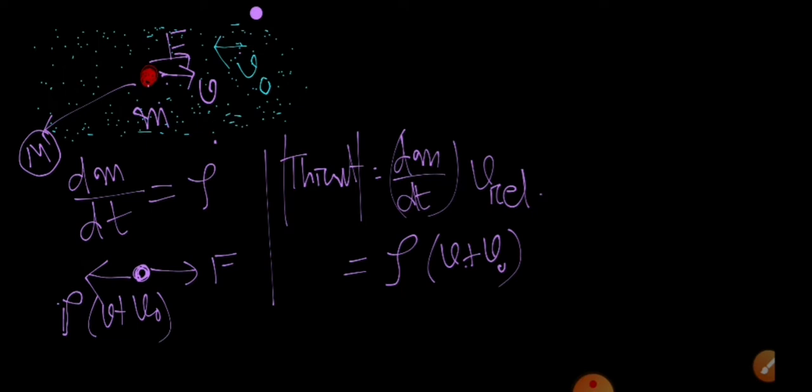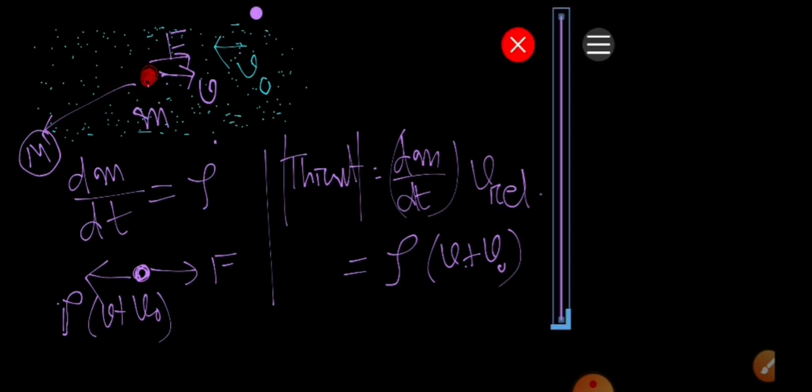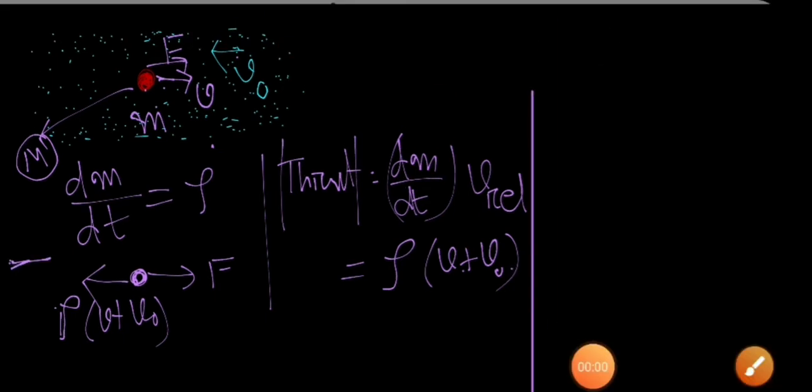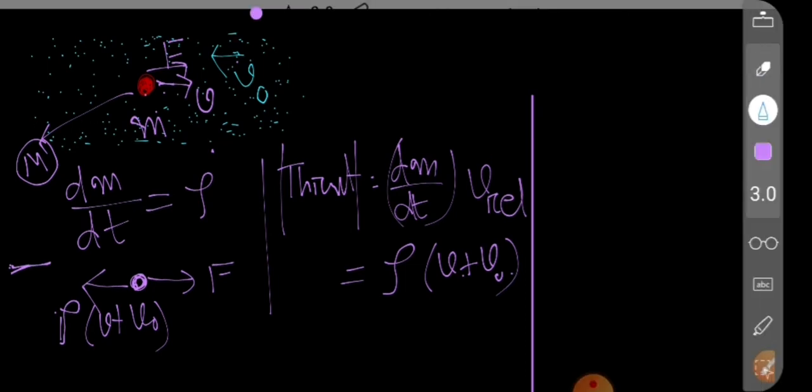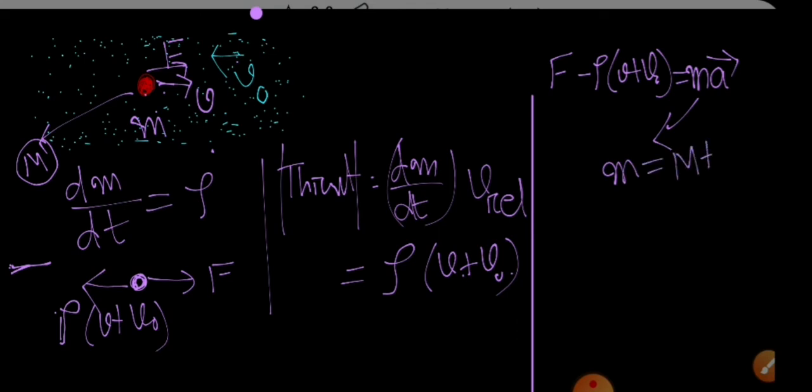The remaining problem is very, very simple. From the free body diagram we can write the equation of motion: F minus rho times (v plus v naught), the thrust, is equal to mass times acceleration. But here the mass is not constant. The mass m is equal to the initial mass plus rho t.